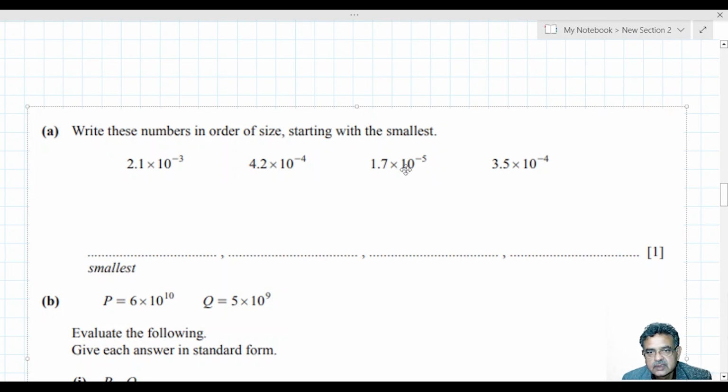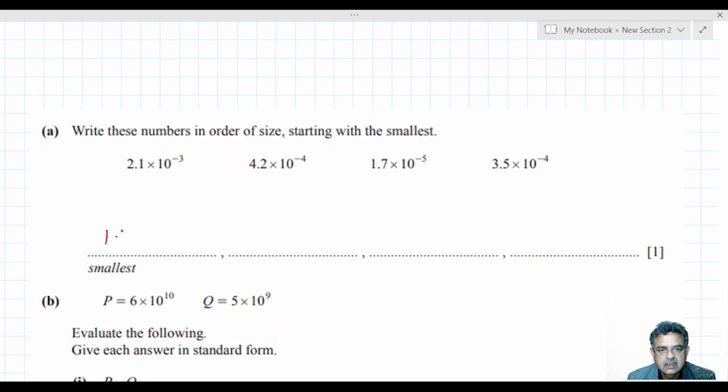Starting with the smallest, this is -5. So this is the smallest. 1.7 into 10 to the power -5. Then these two have same power, but this value 3.5 is smaller than 4.2.